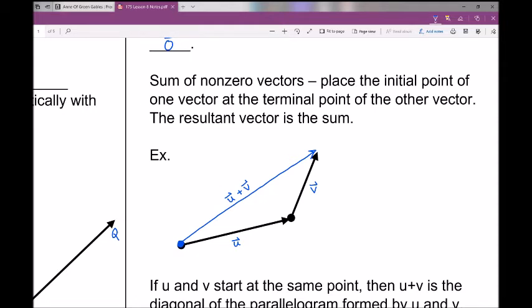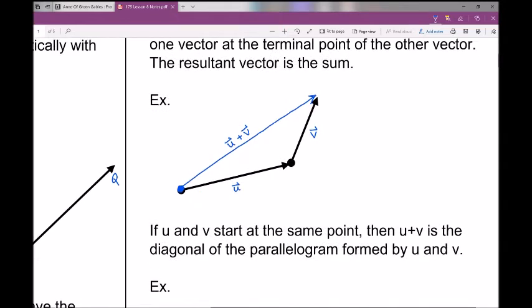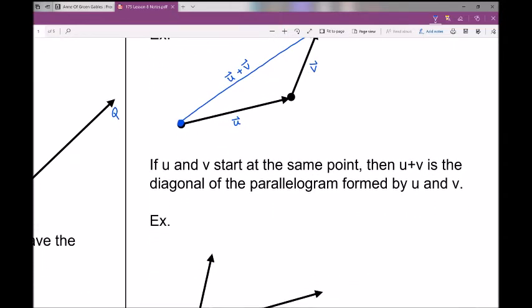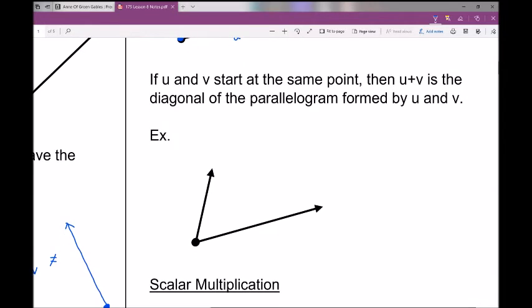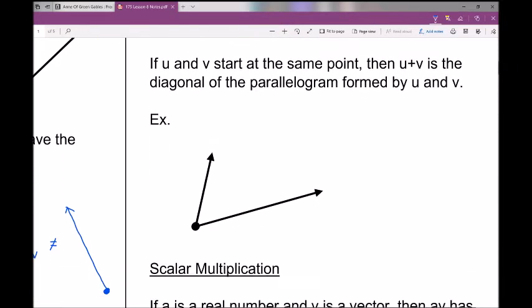And I should probably mention that almost any time we write vectors, we usually specify that they're a vector by drawing that little half arrow above whatever letter you're using to name it. Now, if u and v start at the same point, then u plus v is just the diagonal of the parallelogram formed by u and v. So let's say that your vectors are set up this way instead of as they were in the last example.